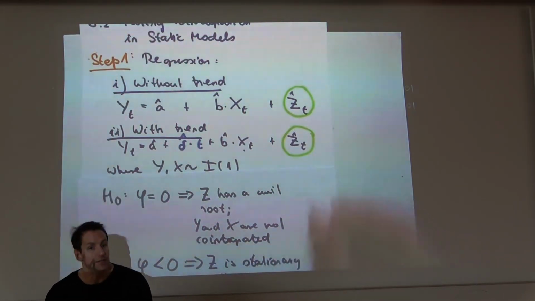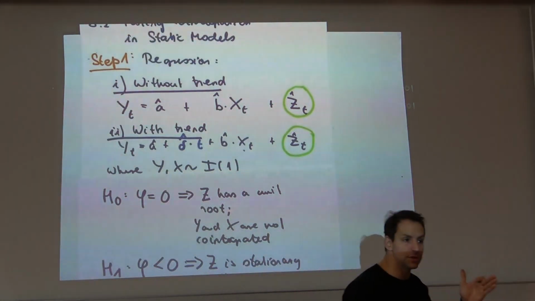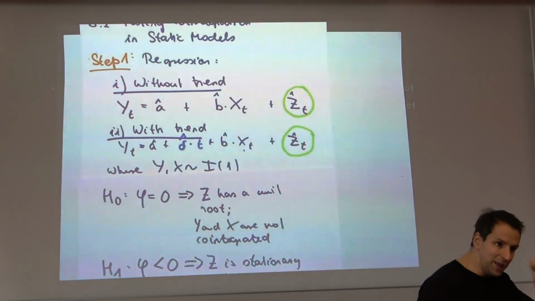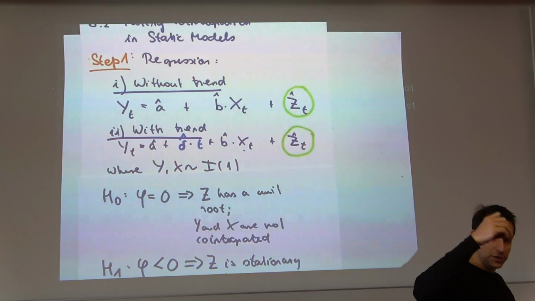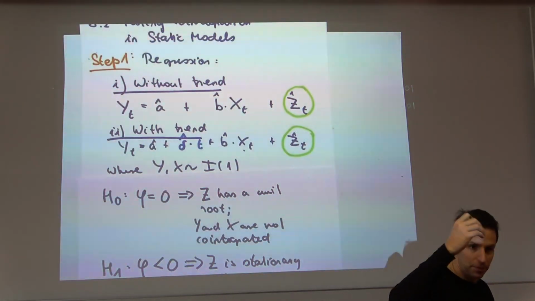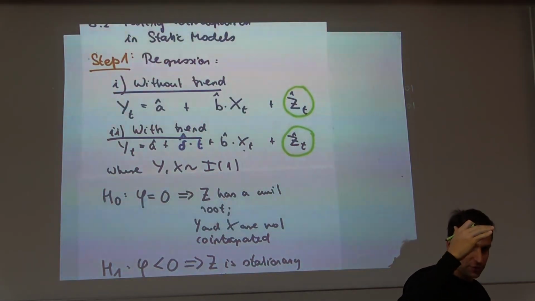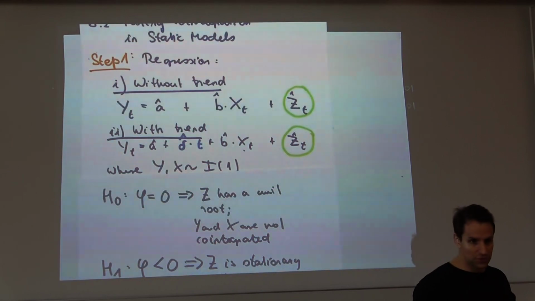This is not a time series that you observe directly; it is a time series that you estimate. You understand this? You don't have any observation of the equilibrium error. There are just estimations.